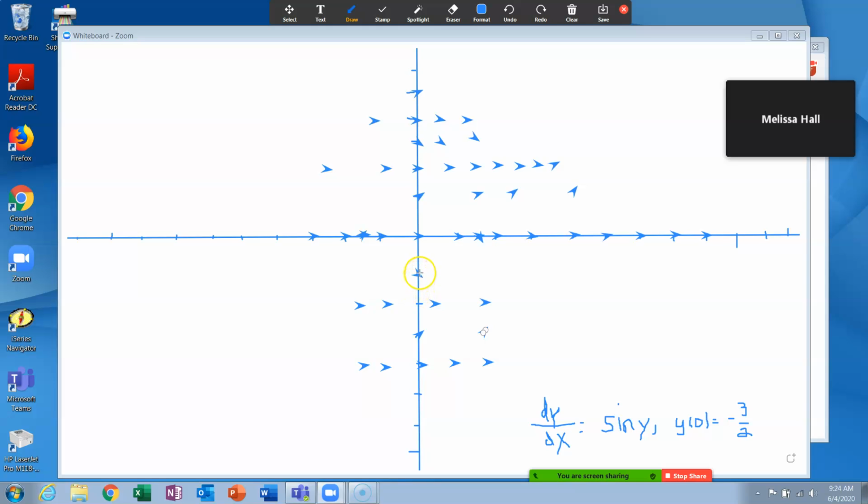So pi halves is going to be, in fact, a little beyond -3/2, because if pi is 3.14, half of that is 3/2, a little bit greater than 3/2. So your 3/2 is here, and at this point the slope is not quite -1, but close to it. But that's where this curve has to go. It has to go through here.